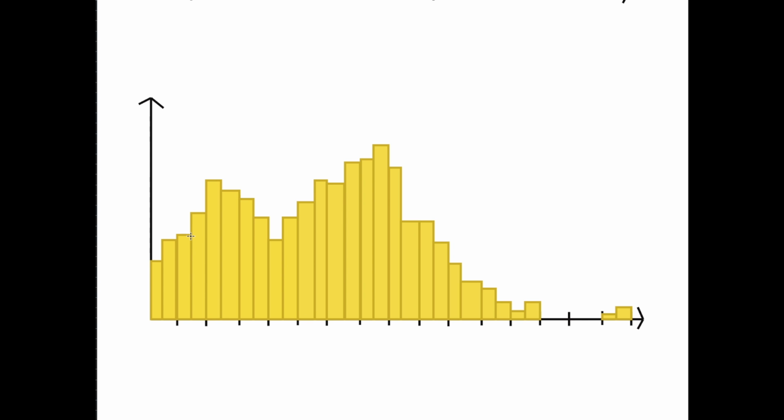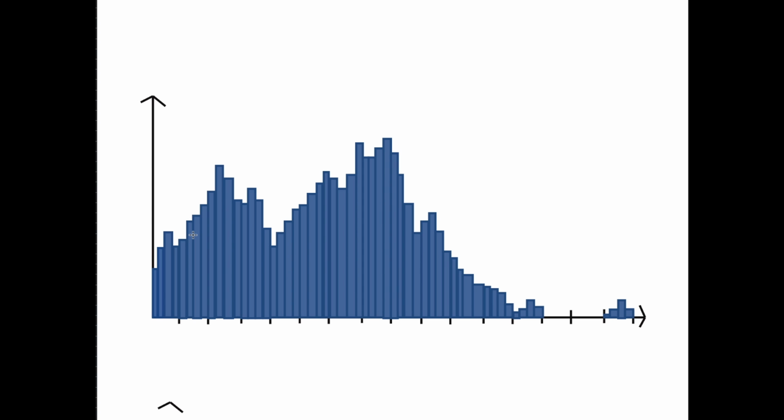But what if you wanted a better approximation? You could again just get more data points, as you can see here. This is a lot of data points. This is going to be very helpful if you want to know how many kids did what.